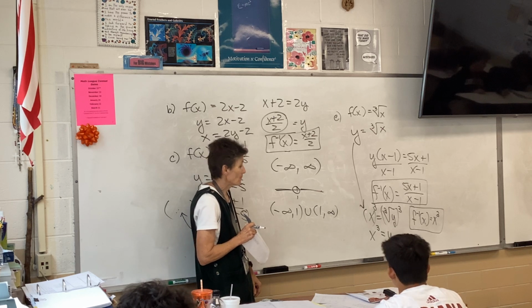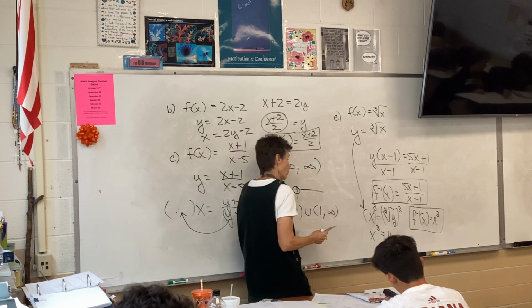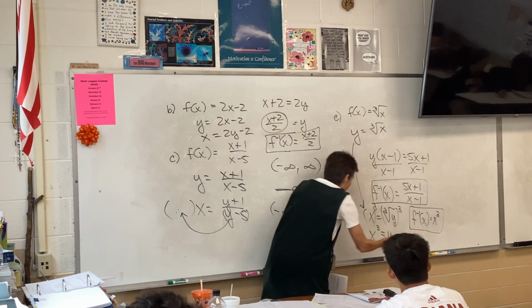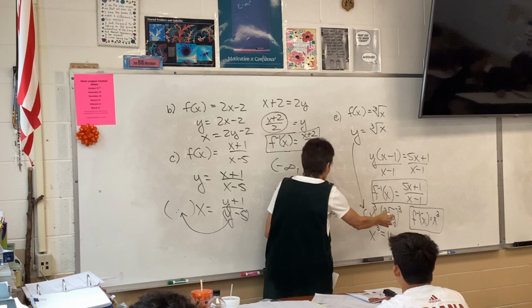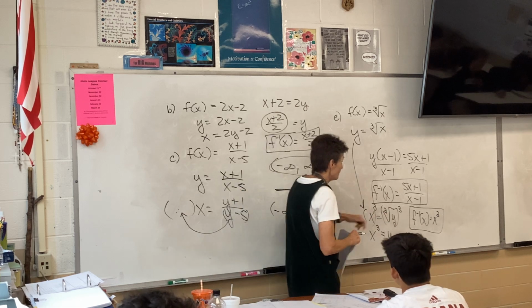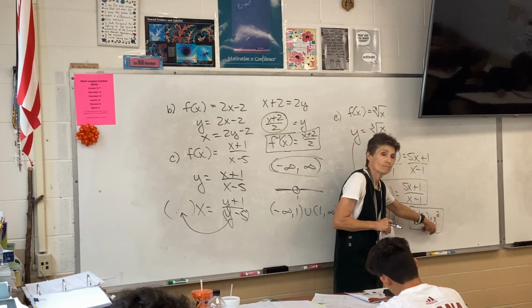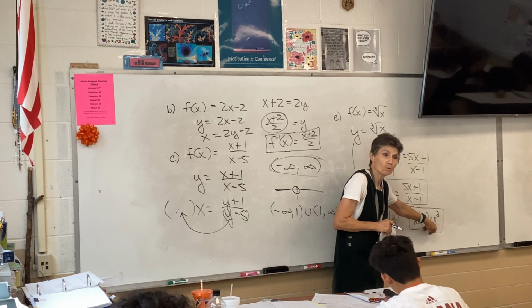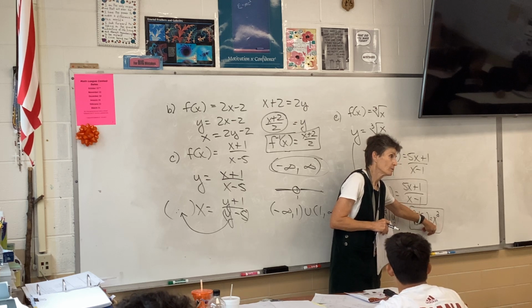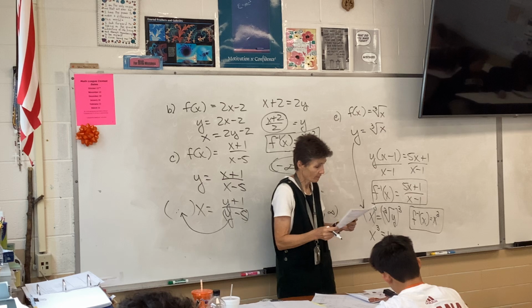All right? Now, what about this one? All reals. Your domain there is just like this one. Because what don't we have? A denominator or a square root, right? So we're good.